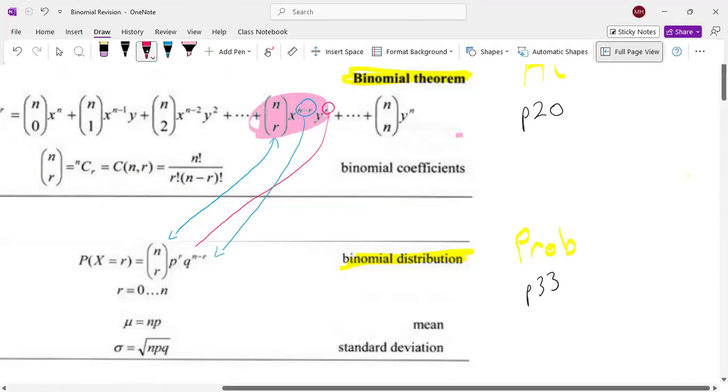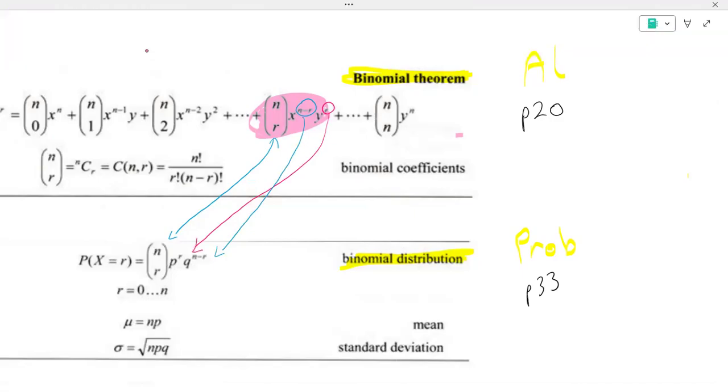Now that could be incredibly confusing if you didn't realize that or you didn't remember that. So be very, very careful. Now I'm going to go through some examples of both just to make it clear, but you really need to be confident as to which page you're using because the order is different.